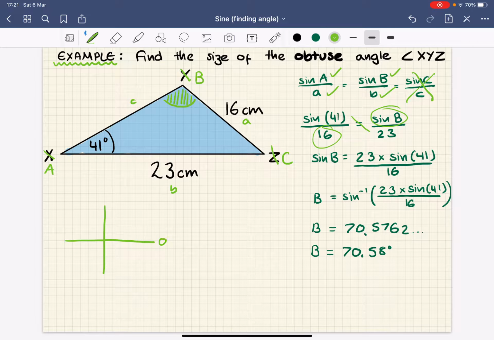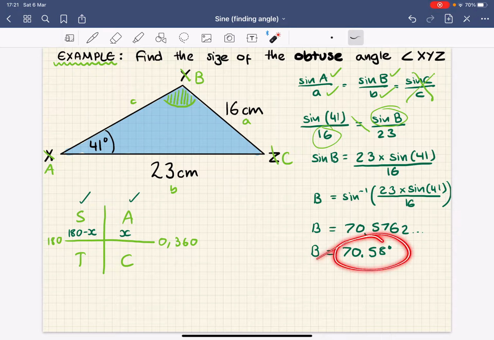So I'm going to draw out my CAST diagram. So, All Silly Tom Cats. Here, because this is positive, I am just focusing on where sine is positive. So that's at A and S. So it's where I get x and where I get 180 take away x.